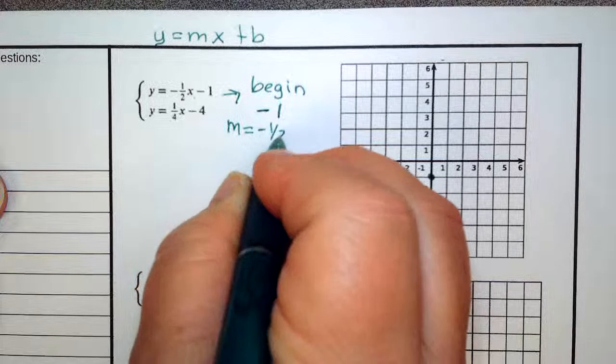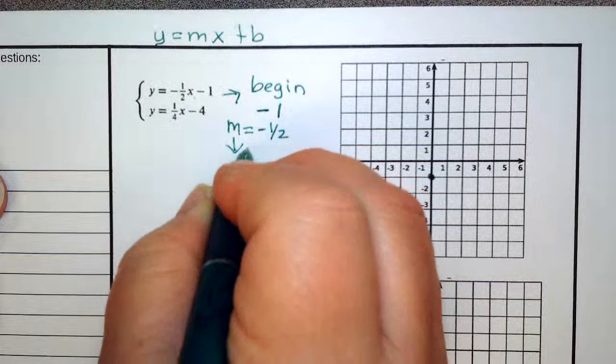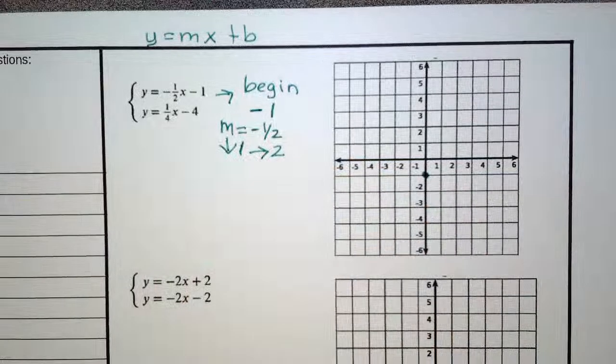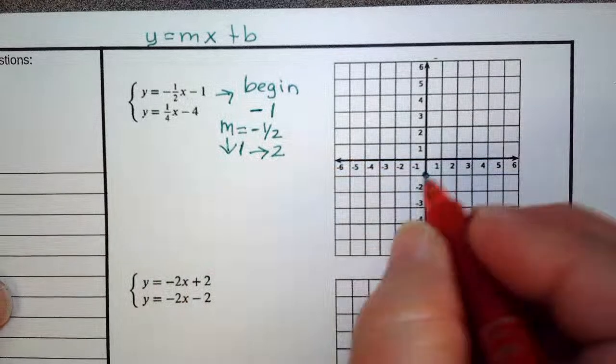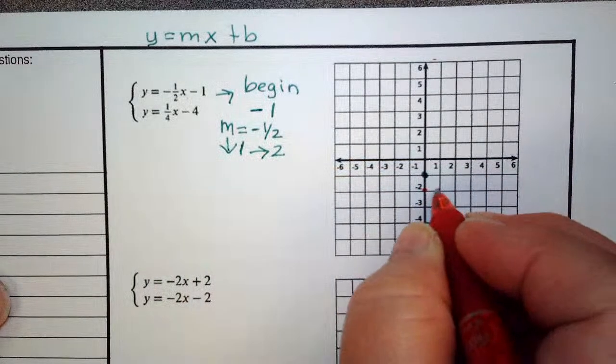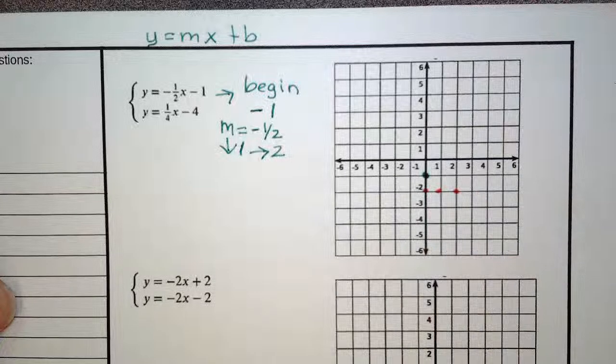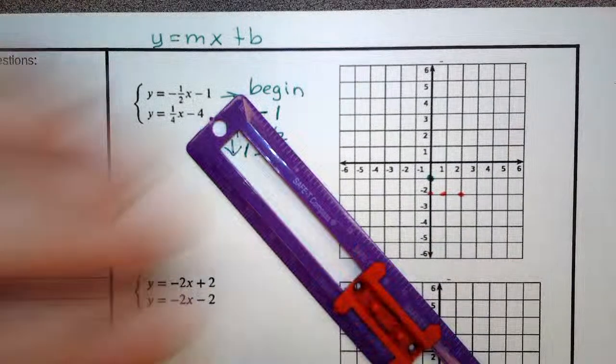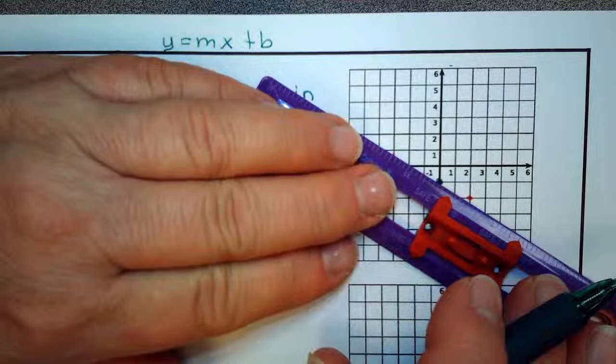Negative 1/2, which means down 1, right 2. Down 1, right 1, 2. I've got that second point. I am ready to draw my line.